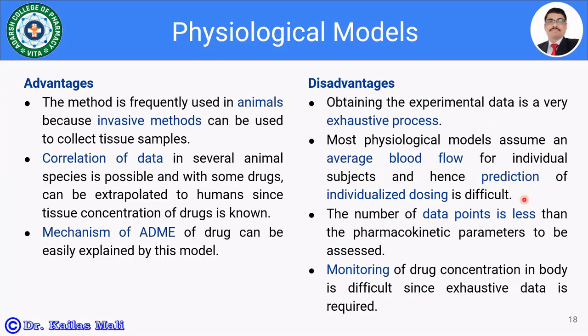As we are assuming an average blood flow towards the organ, predictions related to individualized dosing are difficult. Then the number of data points is less than the pharmacokinetic parameters to be assessed, and monitoring of drug concentration in the body is difficult since exhaustive data is required. So these are some of the disadvantages of the physiological model.